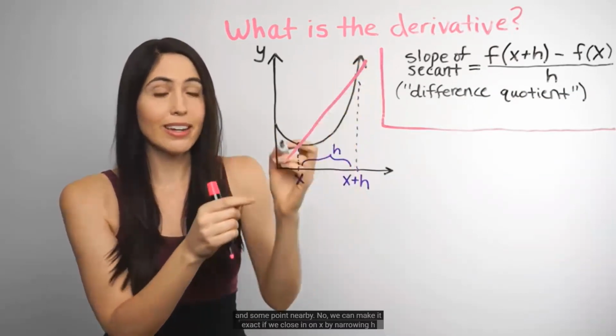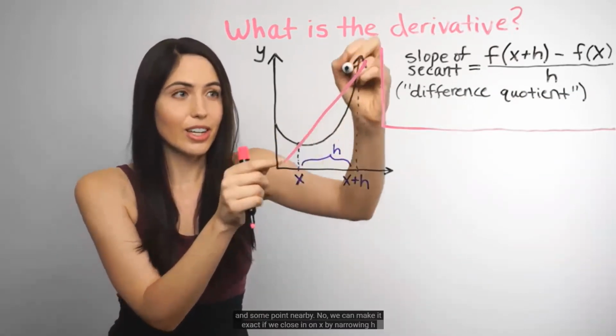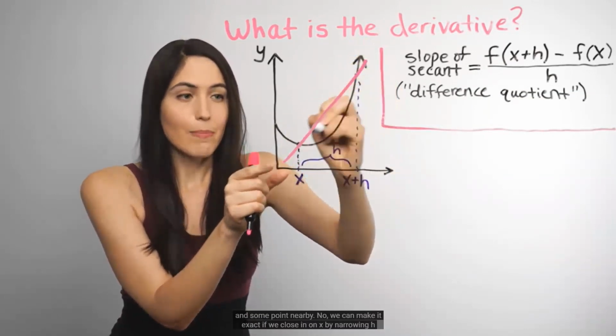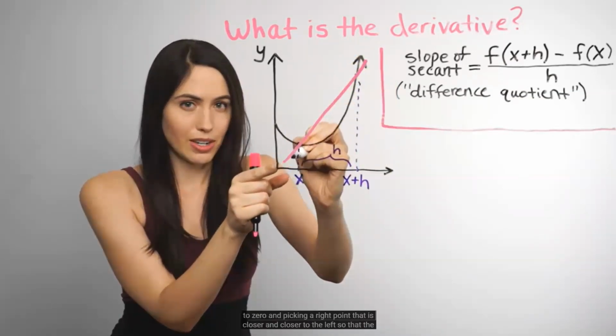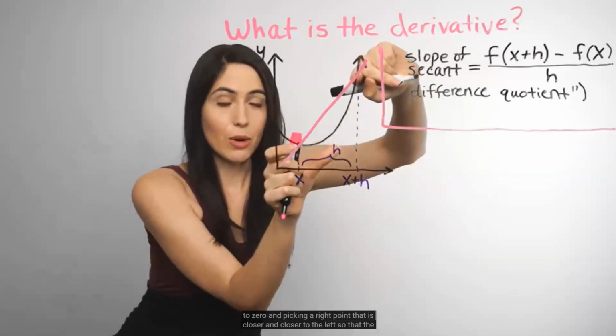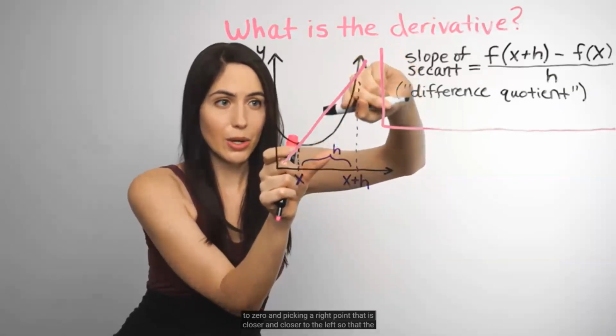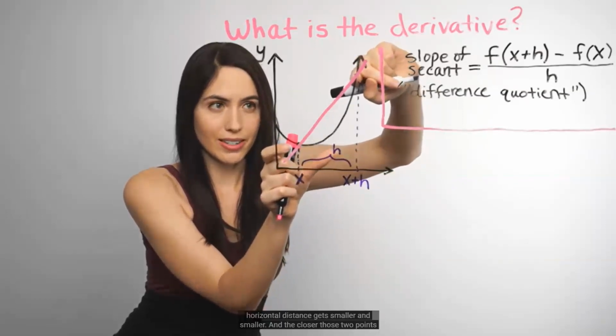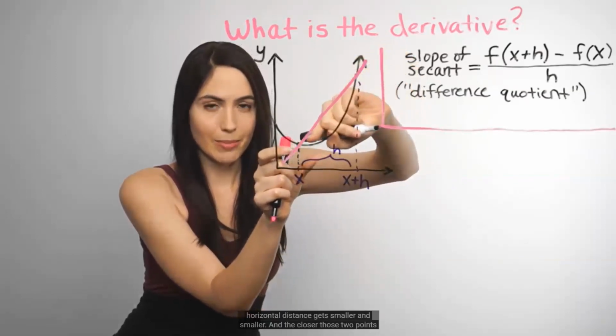Now, we can make it exact if we close in on x by narrowing h to 0 and picking a right point that is closer and closer to the left point, so that the horizontal distance gets smaller and smaller.